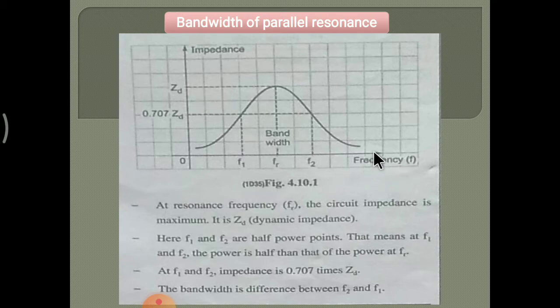For series resonance, current is maximum at the resonant frequency, so to calculate the bandwidth, the current versus frequency graph is considered. But for parallel resonance, impedance is maximum at the resonant frequency, so to calculate the bandwidth, we consider the graph of impedance versus frequency. This graph is shown in the figure.